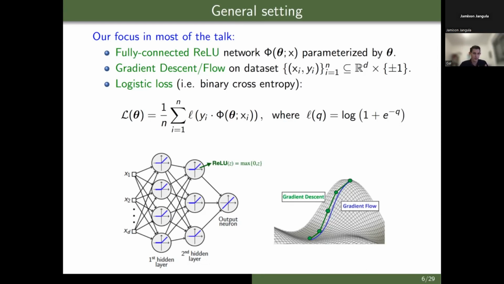This objective is the training loss, where the function L inside this sum is the logistic loss function, which is stated here. Okay, so basically it's a very standard setting of binary classification with a fully connected ReLU network. And in the talk, we will mostly focus on this setting.